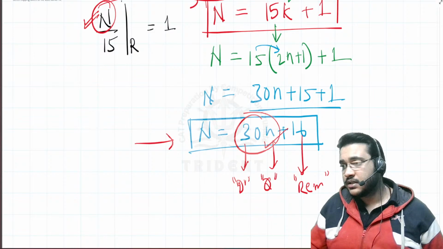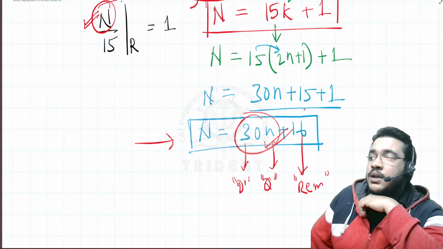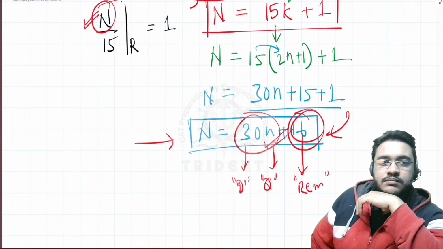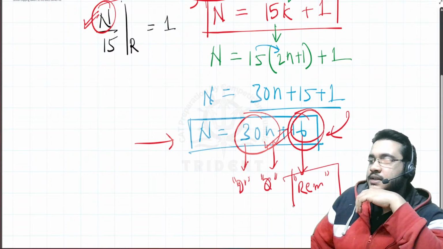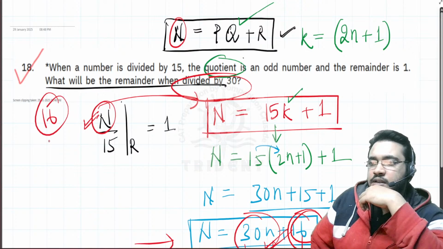What that quotient is, I'm not going to get into, not important, but effectively the remainder is going to be 16. That is an interesting thing. The remainder comes out as 16. So effectively, the answer to this question would be 16.